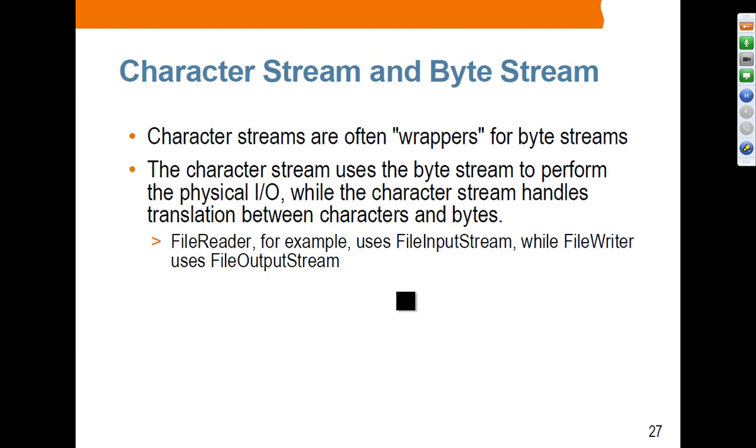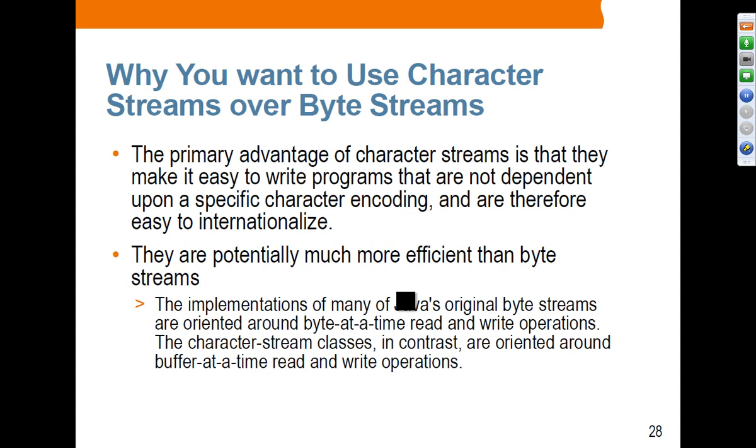But if you happen to have a file that contains multi-byte characters, like Korean or Japanese or Chinese, then the output behavior might actually be different. In our case, since we are dealing with English ASCII characters, the result is going to be pretty much the same. Okay.